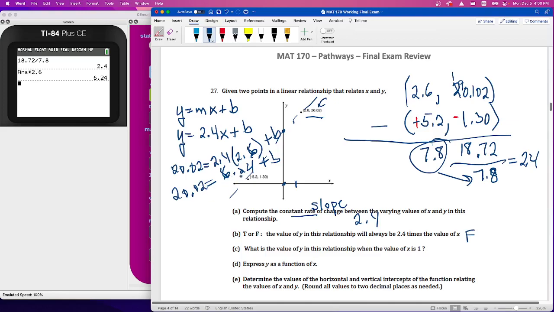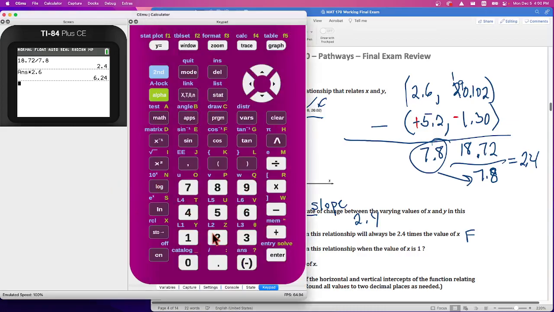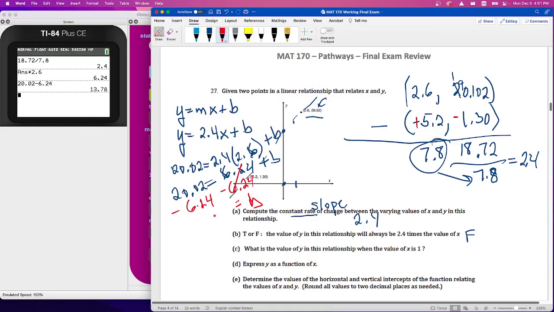So now I need to subtract 6.24 from each side, and that will give us our value for b. So b is equal to 13.78.